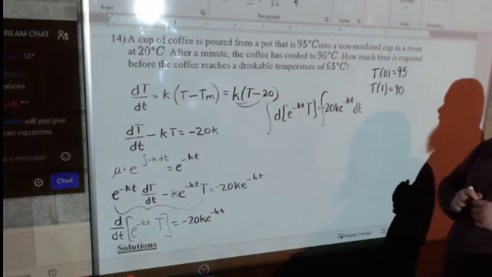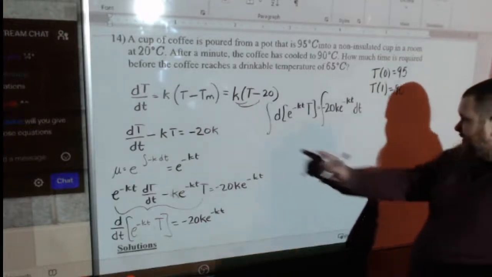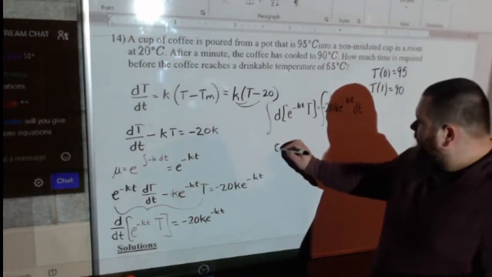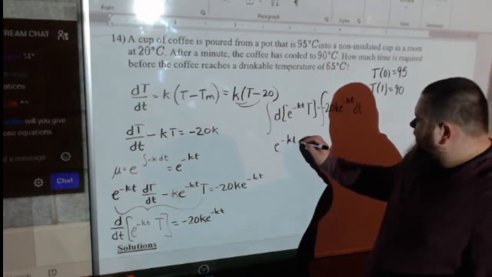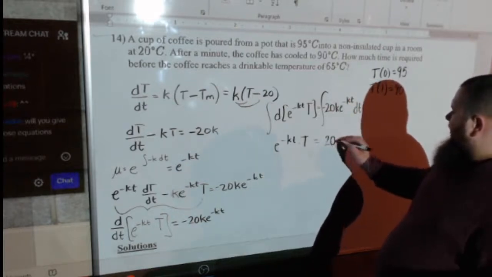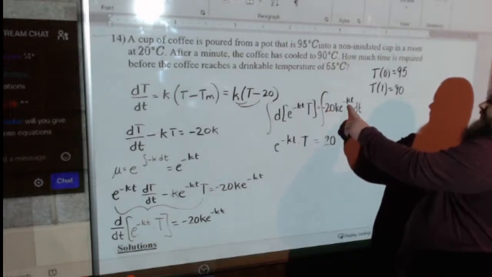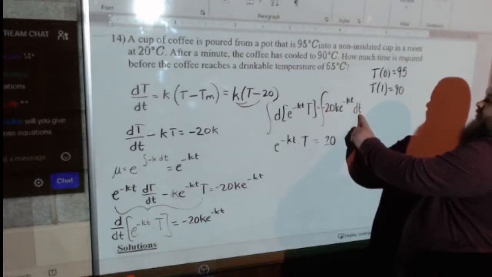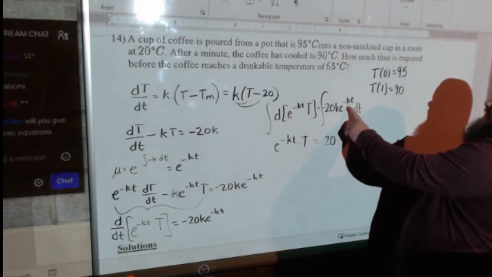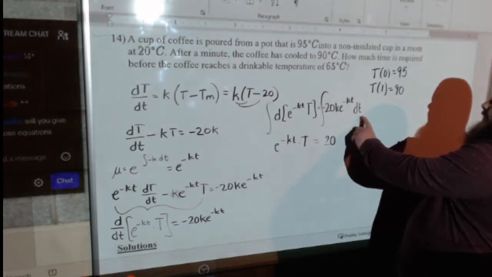I'm over here now, integrate both sides. Left side's always lovely because that integral is going to get rid of that differential. And I'm just going to get the brackets. On this side, I could pull that 20 out in front. I leave the minus k inside because that's going to be part of my du, right? If I let u equal minus kt, du is minus k dt.